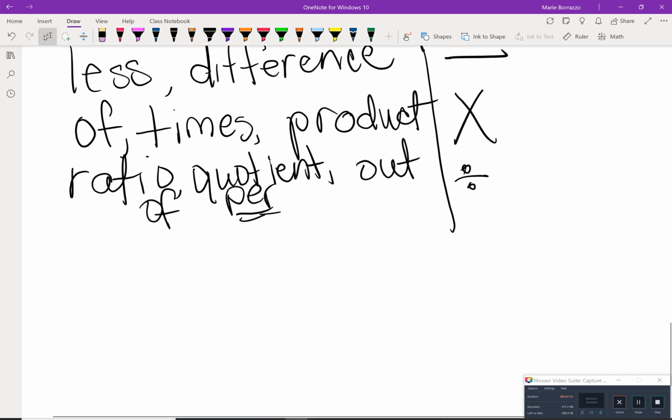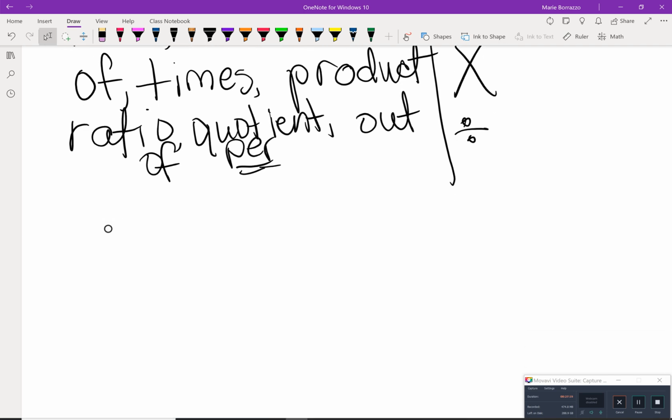Okay, so let me give you an example question. I'm going to type it in here real quick so you can follow me quicker. Let me see if I can make this font a little bit more readable. All right, there you go. So Drew is distributing water bottles during a marathon.